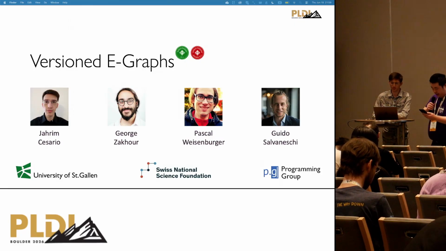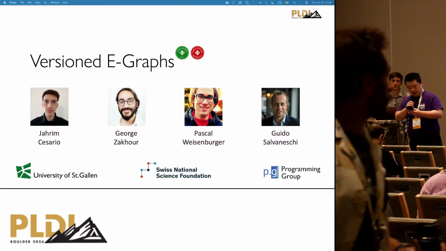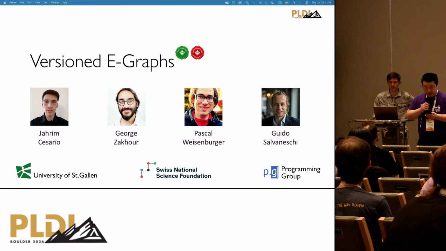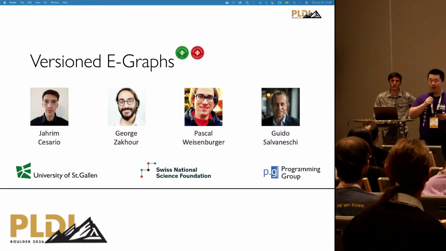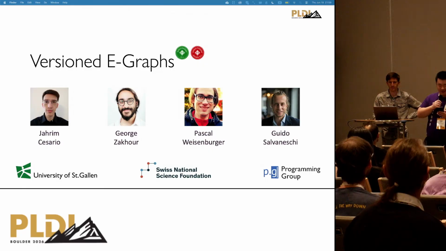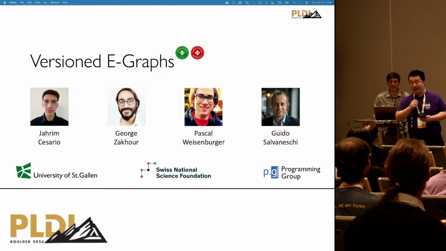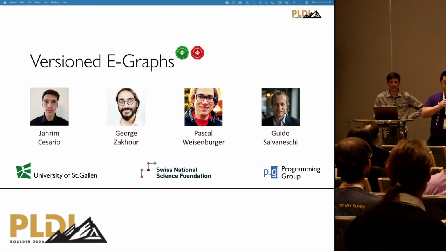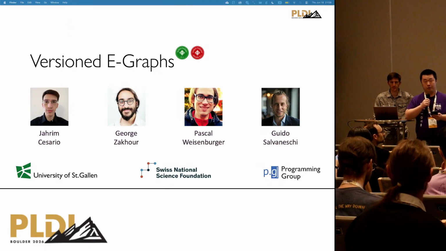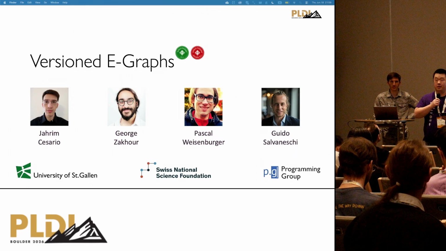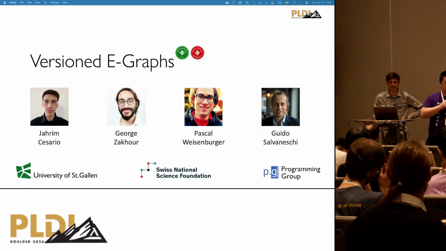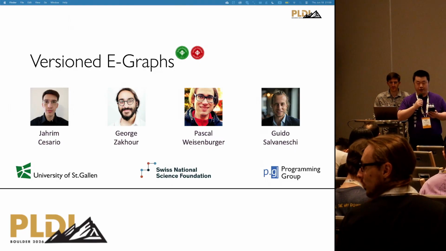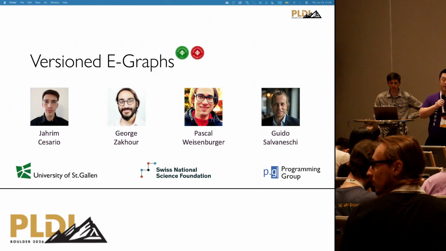Let's get started. For our first paper, I would like to remind everybody that the root of eGraphs lies in SMT solvers. The application of SMT solvers requires you to use lots of different versions of eGraphs because you want to explore the space of predicates and try things and retreat back.